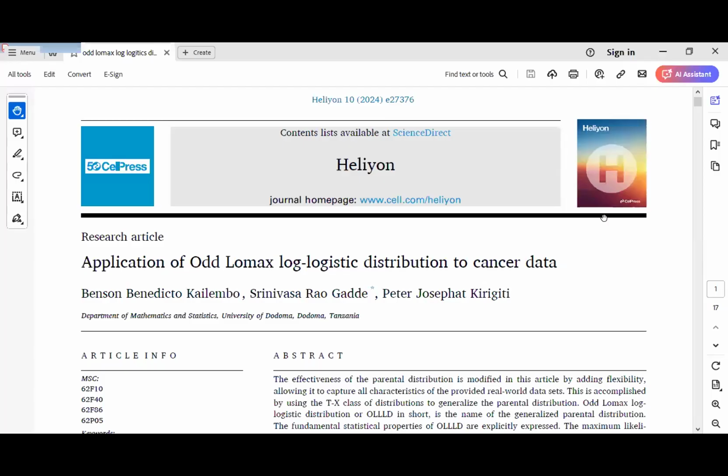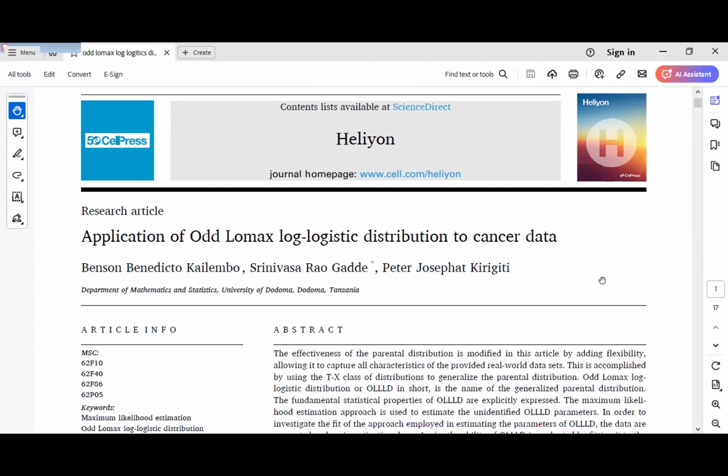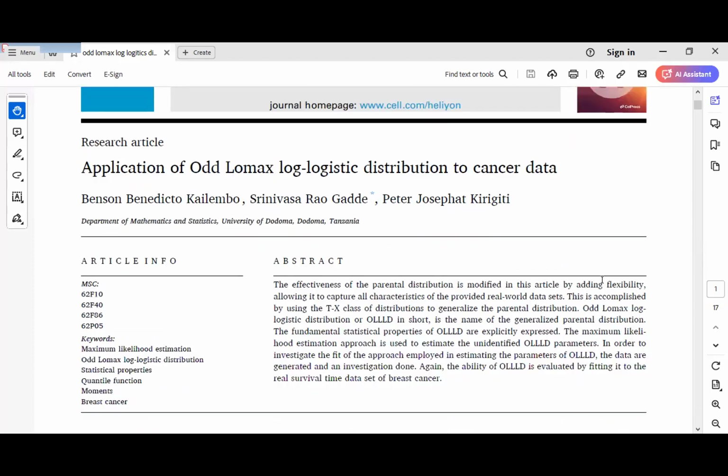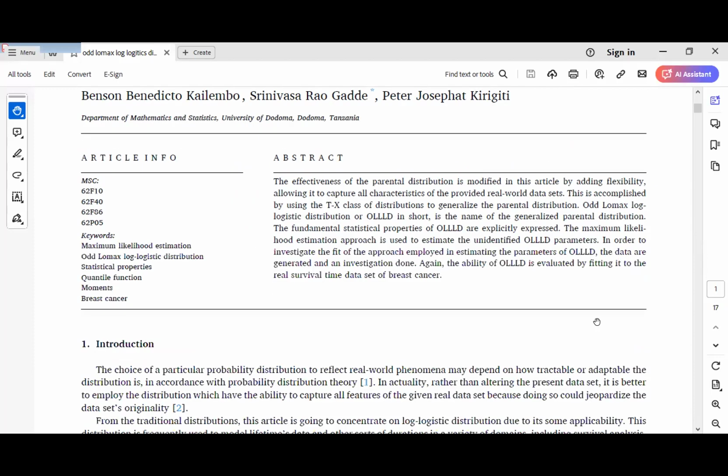Okay. In this research article published in 2024, there is one probability model, or density function, namely the odd Lomax logistic distribution. This model will be applied using cancer data. Like usual in the Radio Institute, we must focus on the density function.